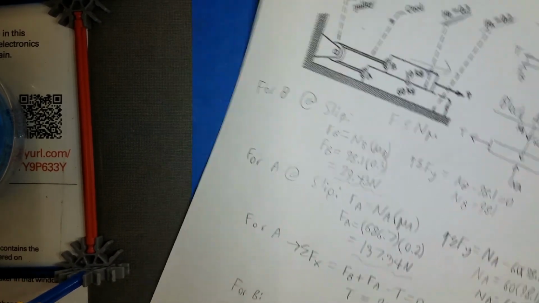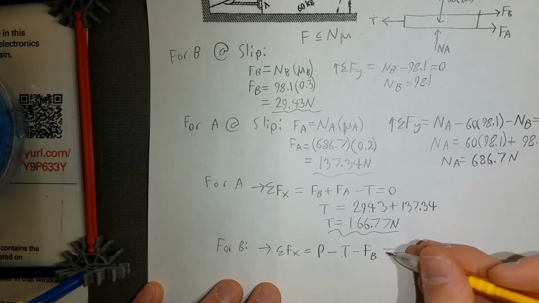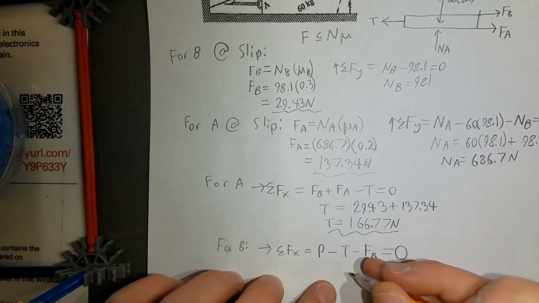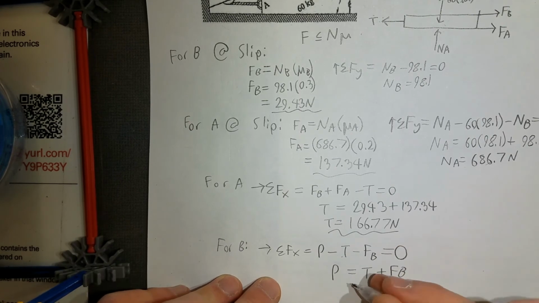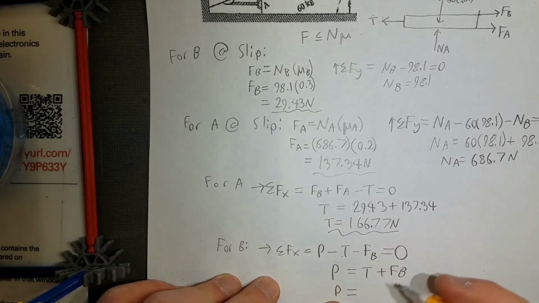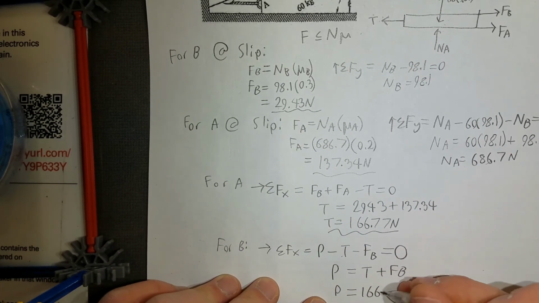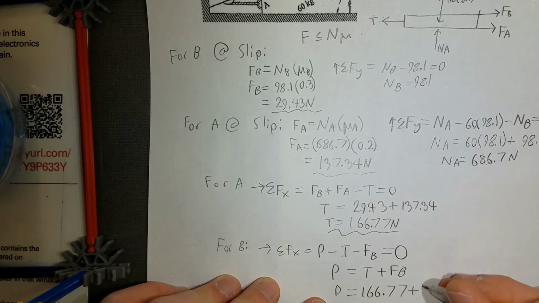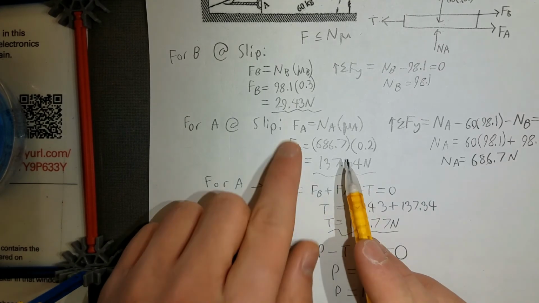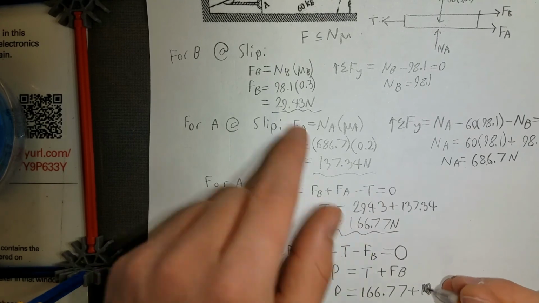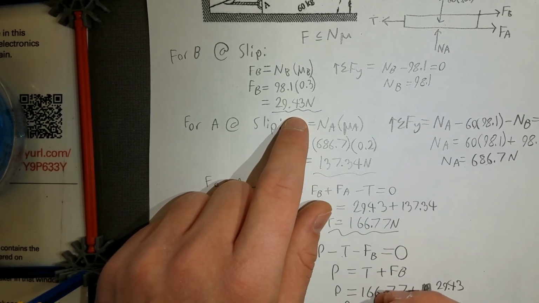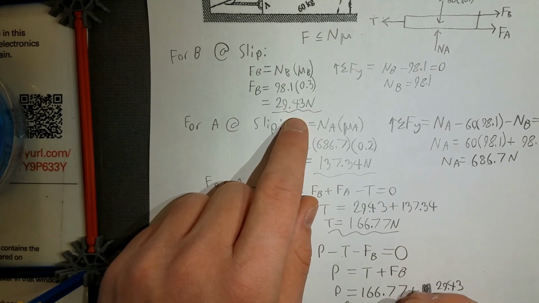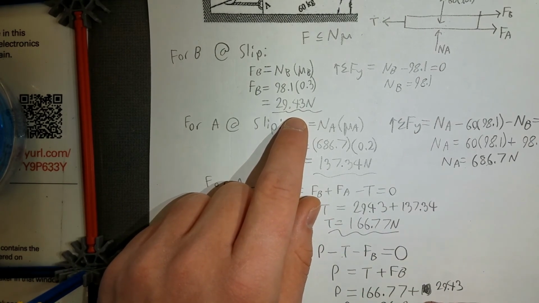Those are the only three forces acting in the X, so we can set that equal to 0, and P is going to be equal to the tension plus the friction, because it needs to overcome those. We have 166.77 plus 29.43. And that means P is going to be equal to 196.2 newtons.